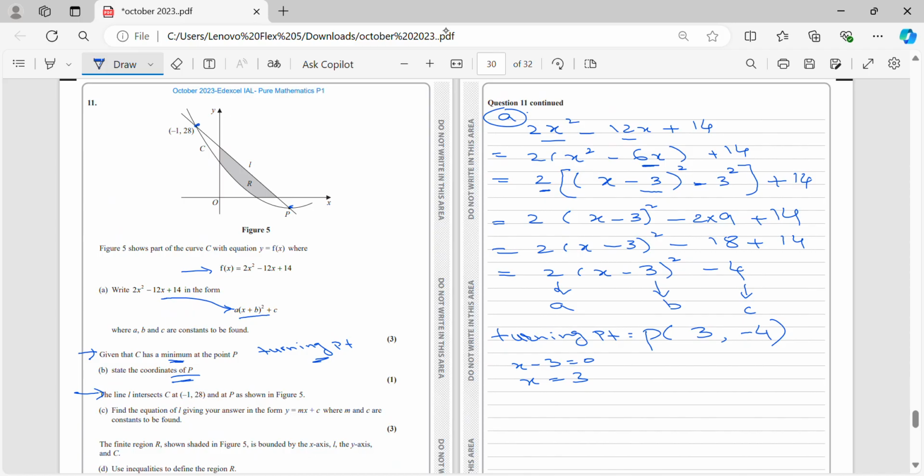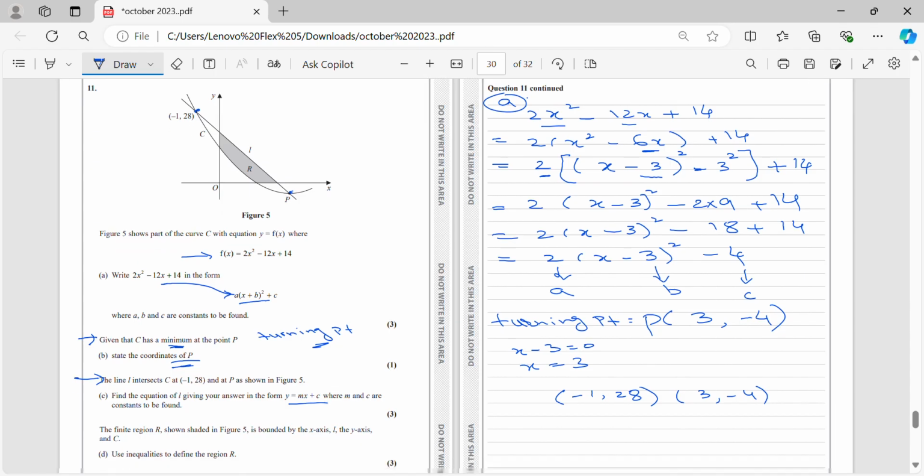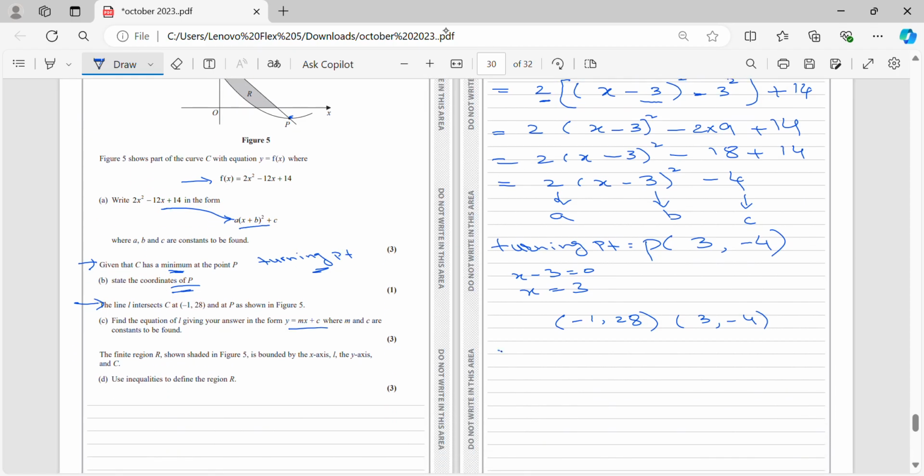I have to form an equation. To form an equation, I need the gradient. To find the gradient, I have one point given in the question, negative 1 and 28. Another point I can use is P, which is 3 and negative 4. So let's find the gradient. y2 minus y1 over x2 minus x1 is the formula for the gradient.